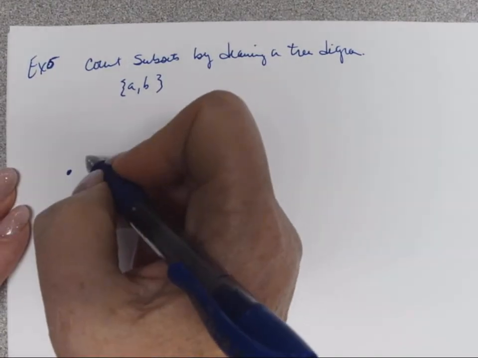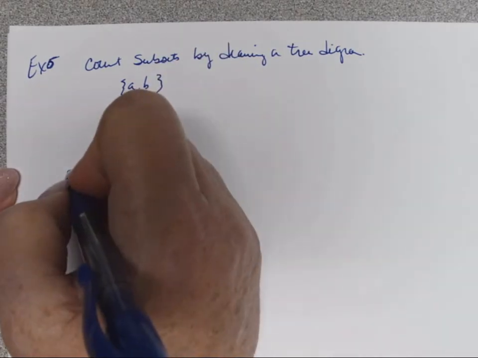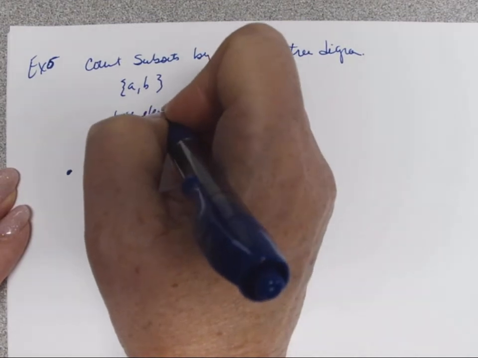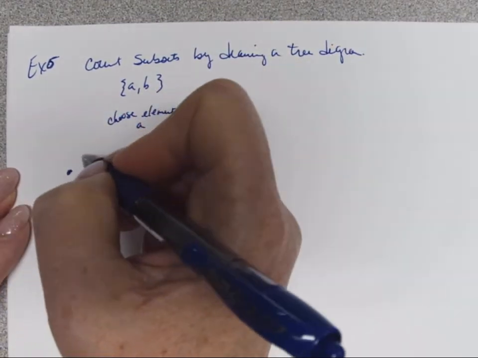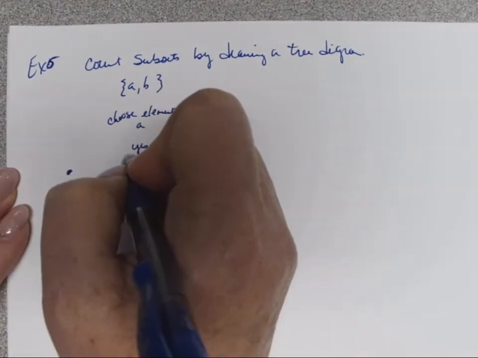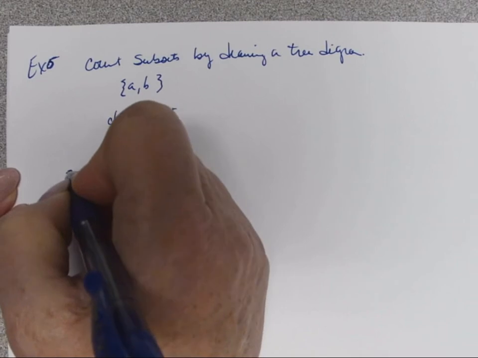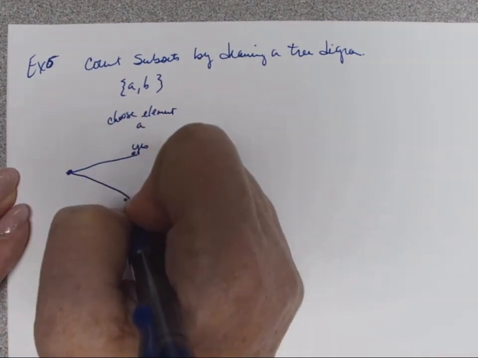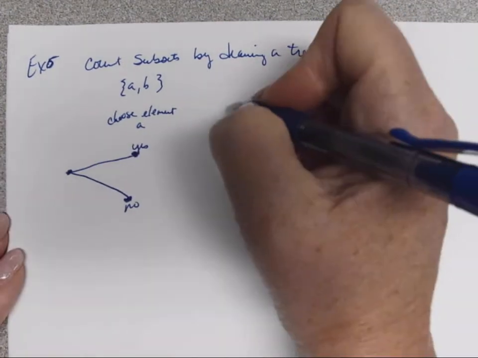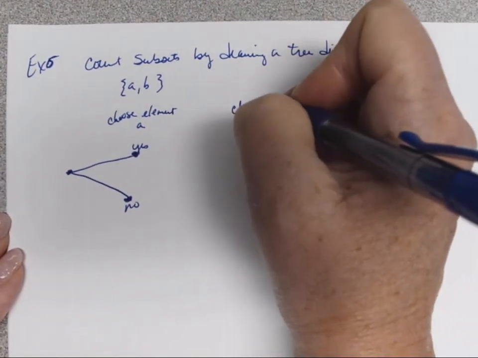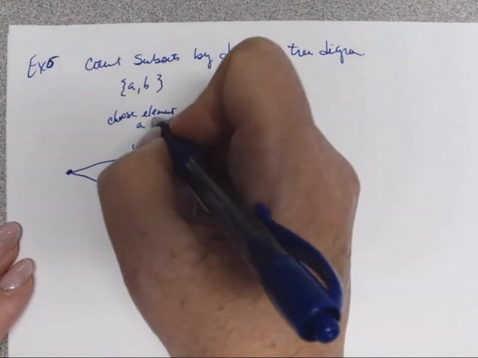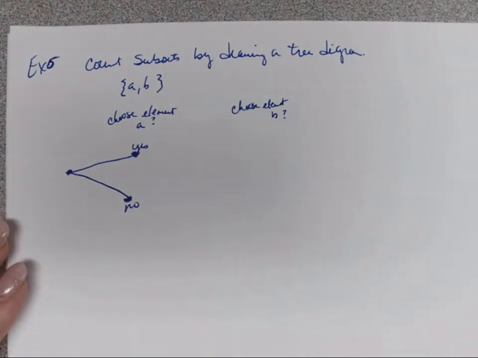And then we want to look at choosing element A, and we're going to call that yes or no. So those will be our choices, yes and no. And then we'll look at choosing element B. So we're going to have yes or no again.